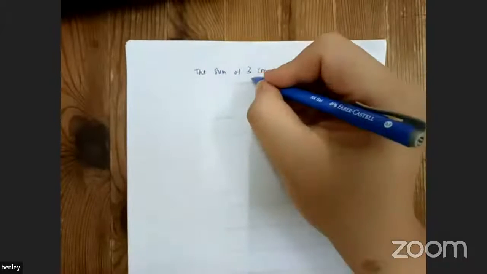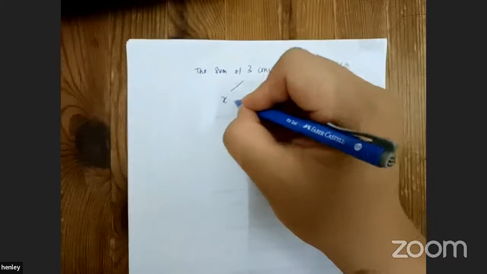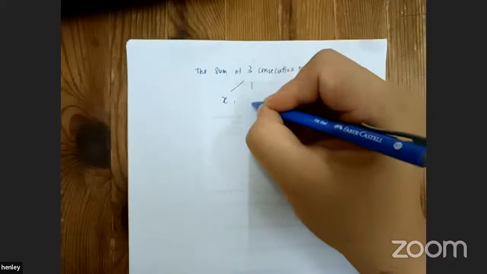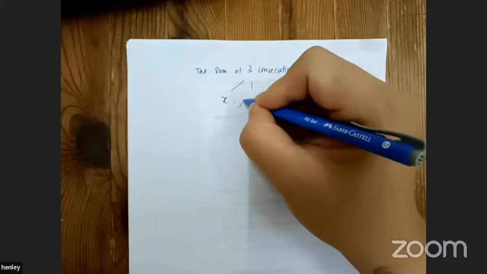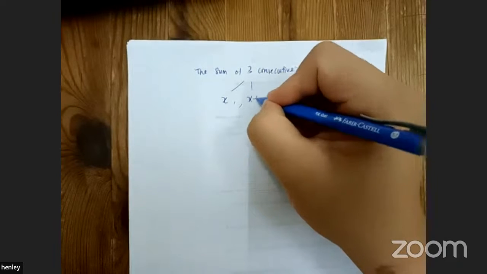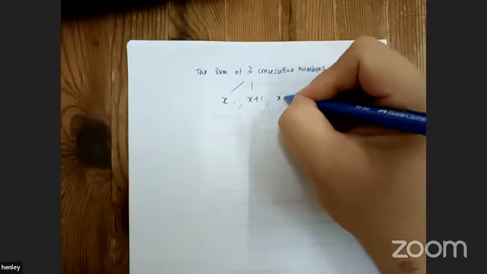That means for these 3 numbers, number 1 is x, the second one will be x plus 1, and the next one will be x plus 2.